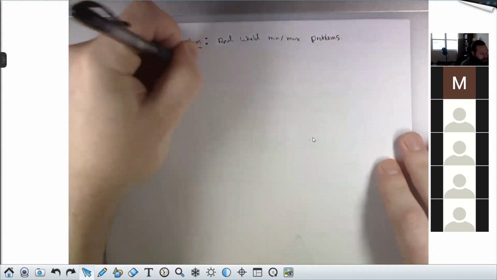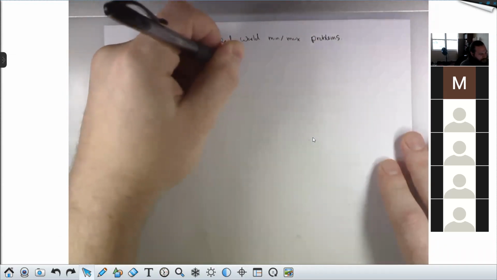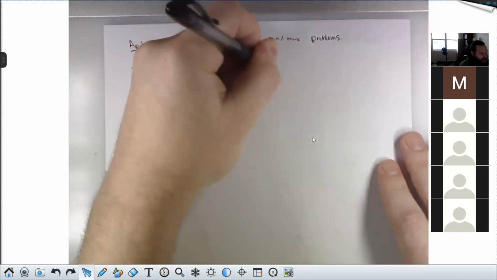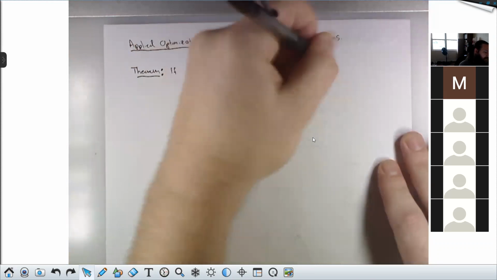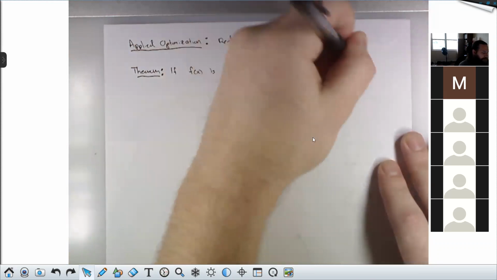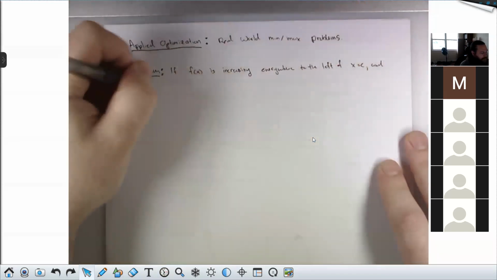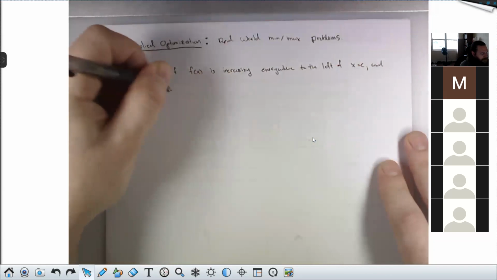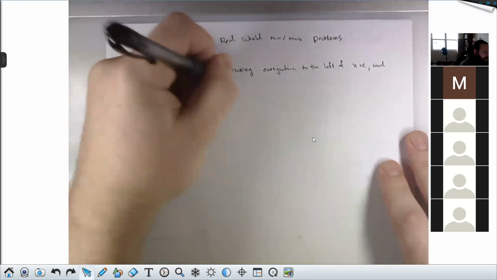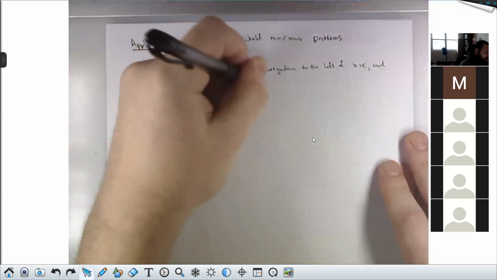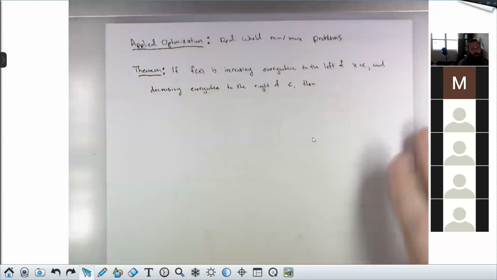If f of x is increasing everywhere to the left of x equals c, and decreasing everywhere to the right of c, then what must be going on at x equals c?